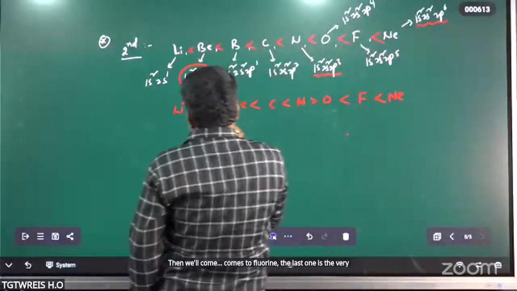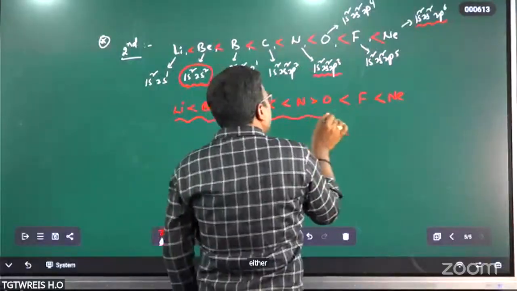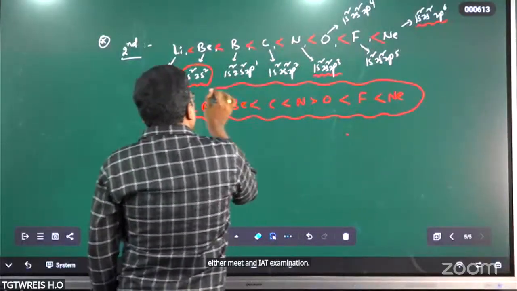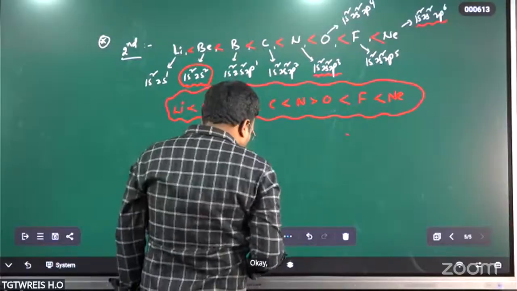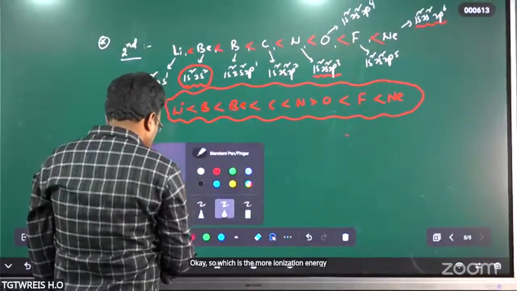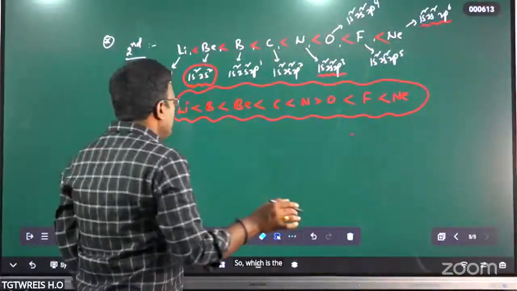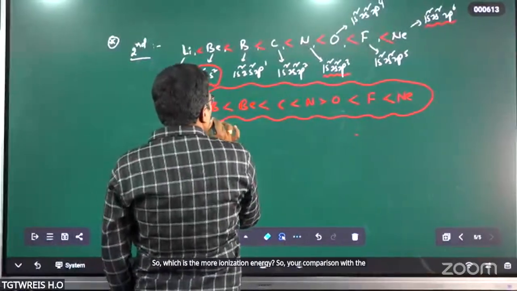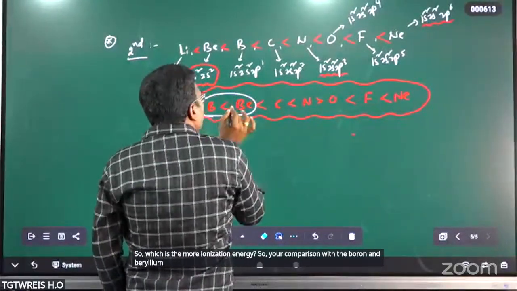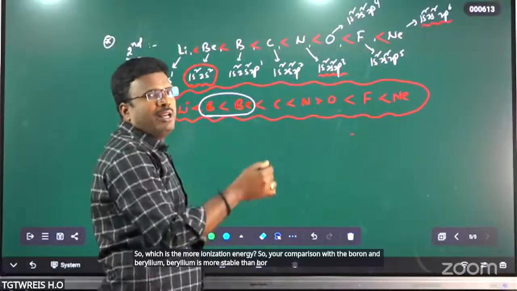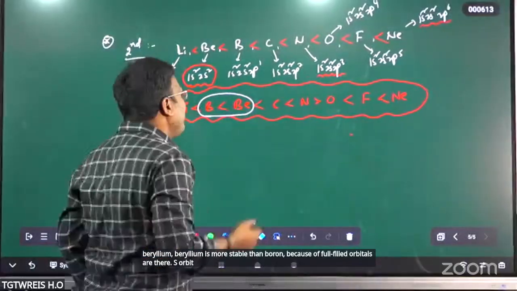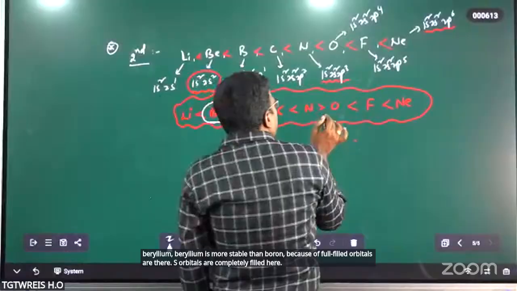Very, very important for NEET and IIT examinations. Which has the higher ionization energy? In comparison with boron and beryllium, beryllium is more stable than boron because of full-filled orbitals. The s orbitals are completely filled here. Then nitrogen and oxygen.